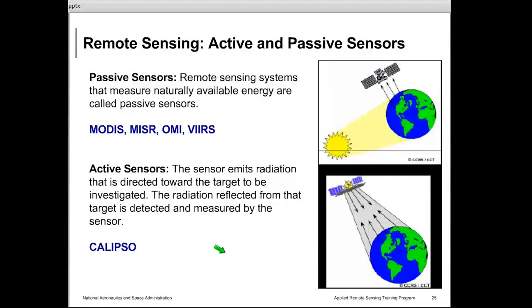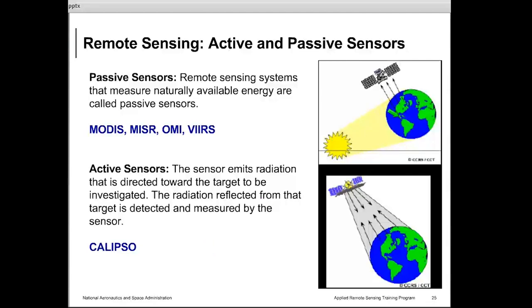Another important aspect of satellite remote sensing is to understand whether the sensors are passive or active. Most air quality sensors are passive, except a few of them. Remote sensing systems that measure naturally available energy are called passive sensors. In this picture, you see a satellite making measurements of the Earth atmosphere system, but it is using the sun's energy to make those measurements.